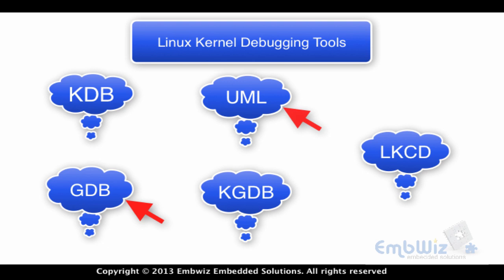So first, you can either compile a UML if you have the kernel source code, or you can download a pre-built UML kernel if you use Ubuntu, Arch Linux, Fedora, anything.